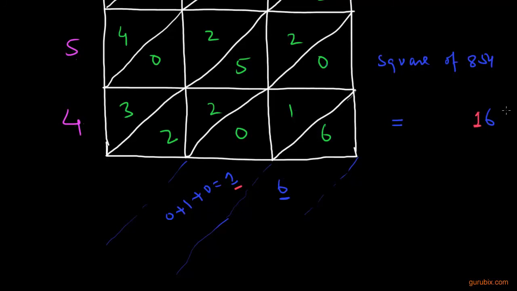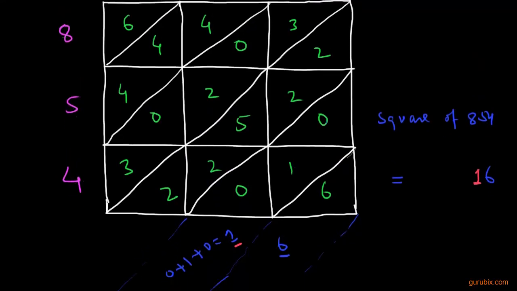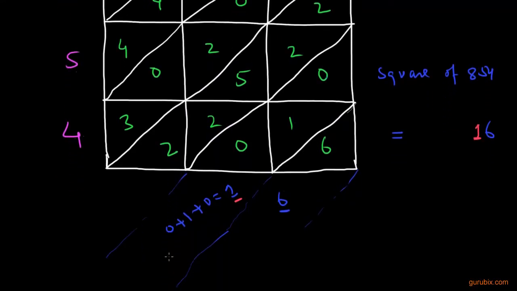And now we shall add this diagonal, and the digits in this diagonal are 2 plus 2 plus 5 plus 2 plus 2. This means 13.